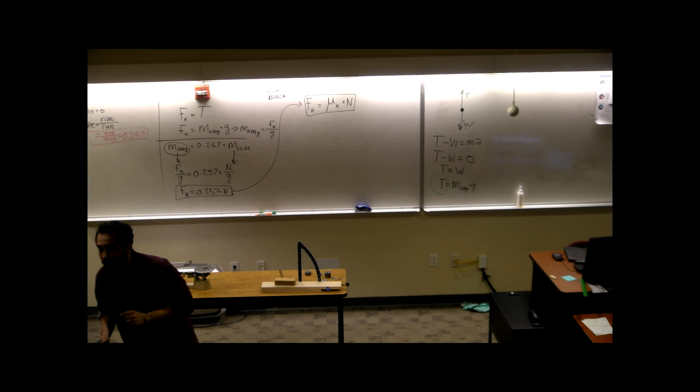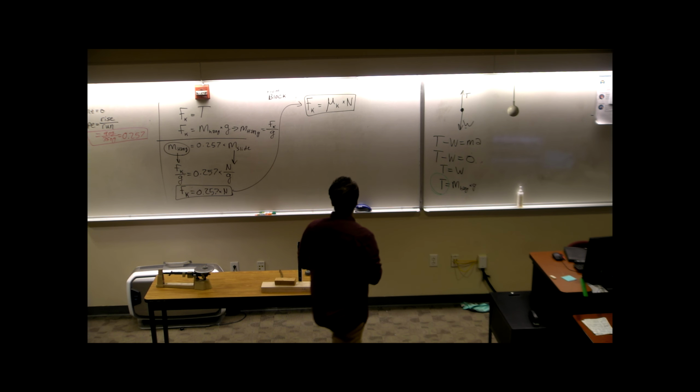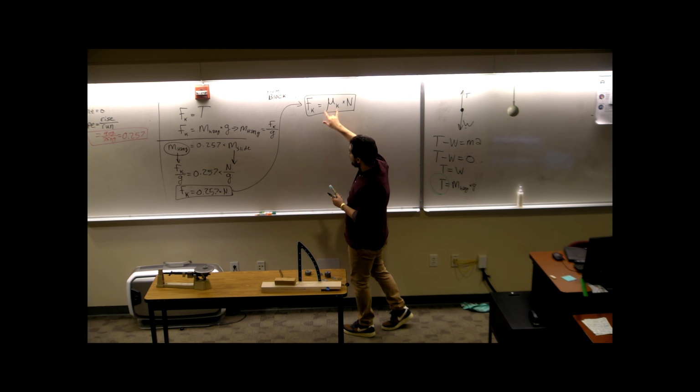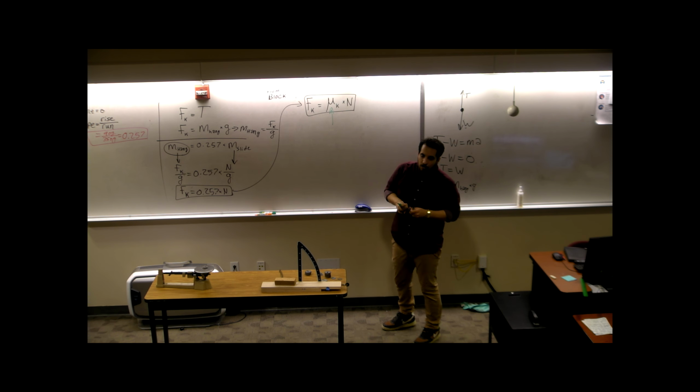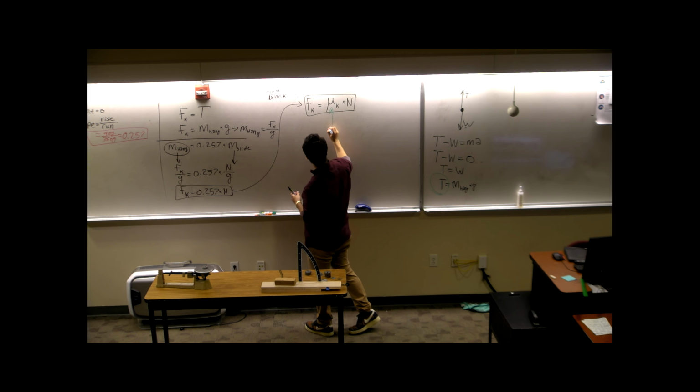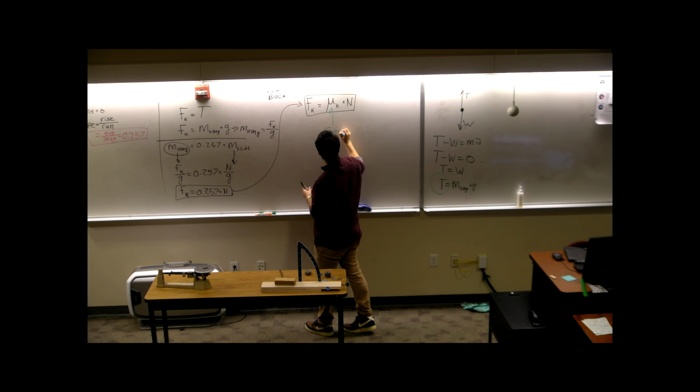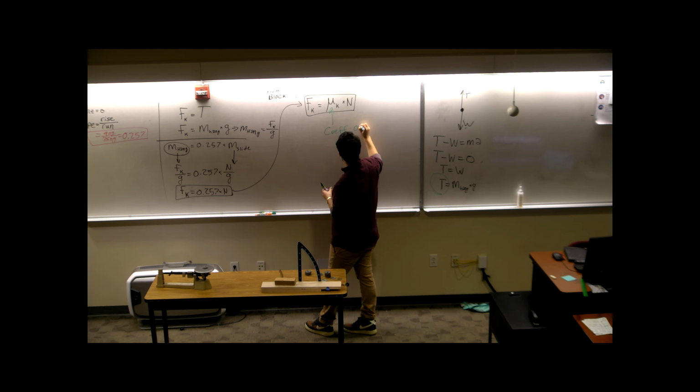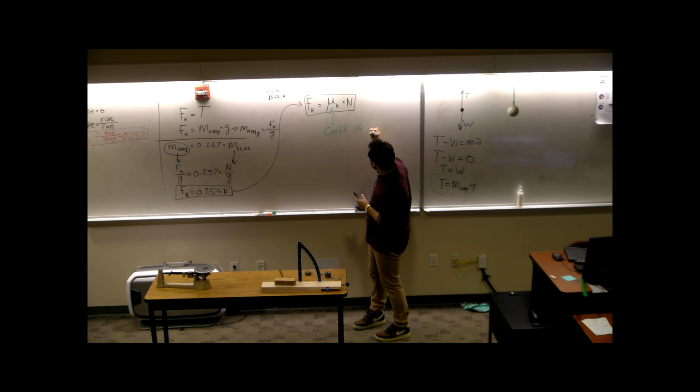give you the value. And it's by taking a constant and multiplying it by the normal force. And this constant, the friction constant, is the coefficient of, in this case, kinetic friction.